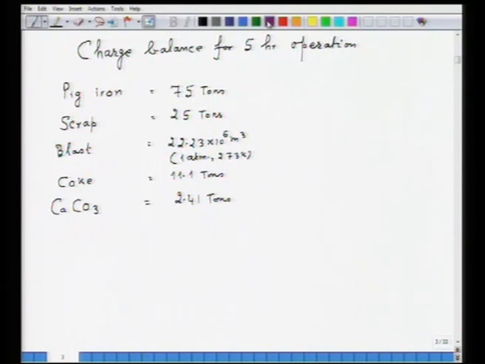Now, as a result of 5-hour operation, the output we have to calculate also, so that we can schedule our entire operation after tapping cast iron from the cupola. So, the slag will be produced, so amount of slag, that will be equal to 4.5 tons.